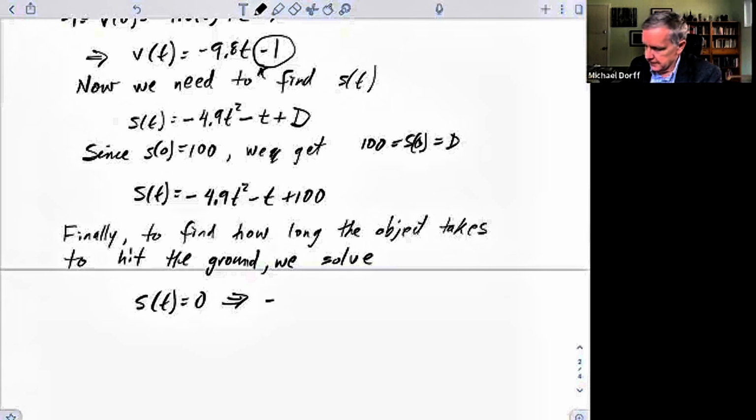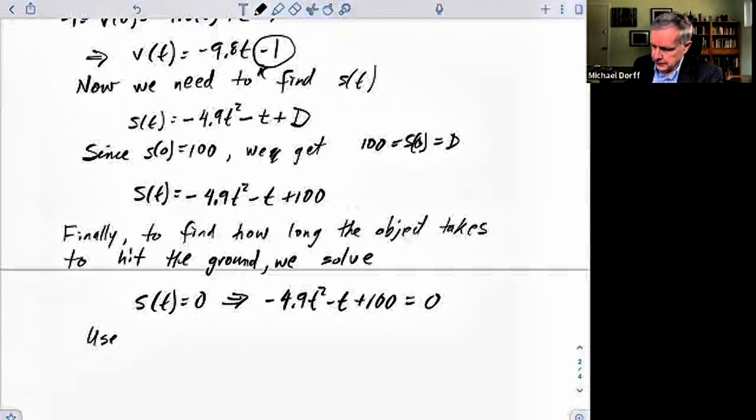So now we have negative 4.9 t squared minus t plus 100 equals 0. How do I solve that equation? I use the quadratic formula.